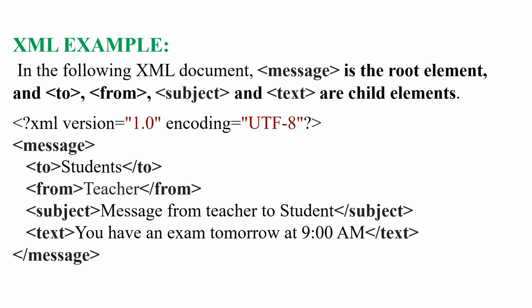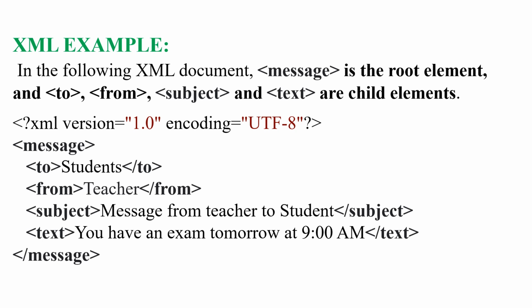This is one of the basic examples for XML. In the following XML document, the message is considered as the root element, and to, from, subject and text are the child elements. Always the XML code will start with a version and encoding type.